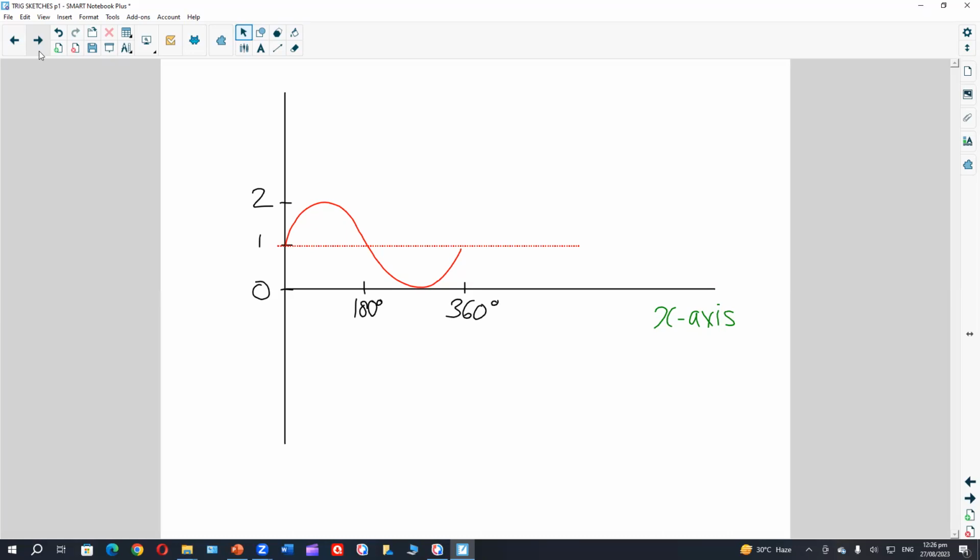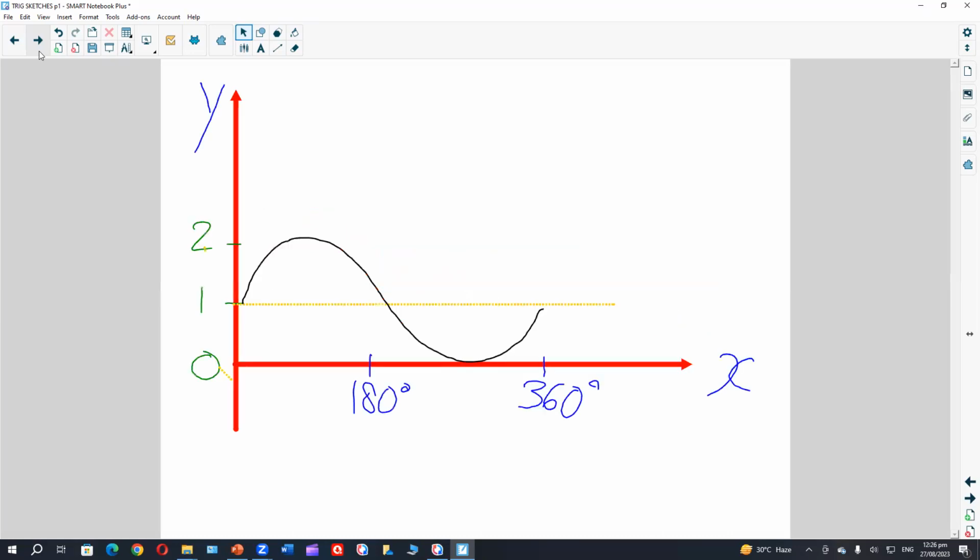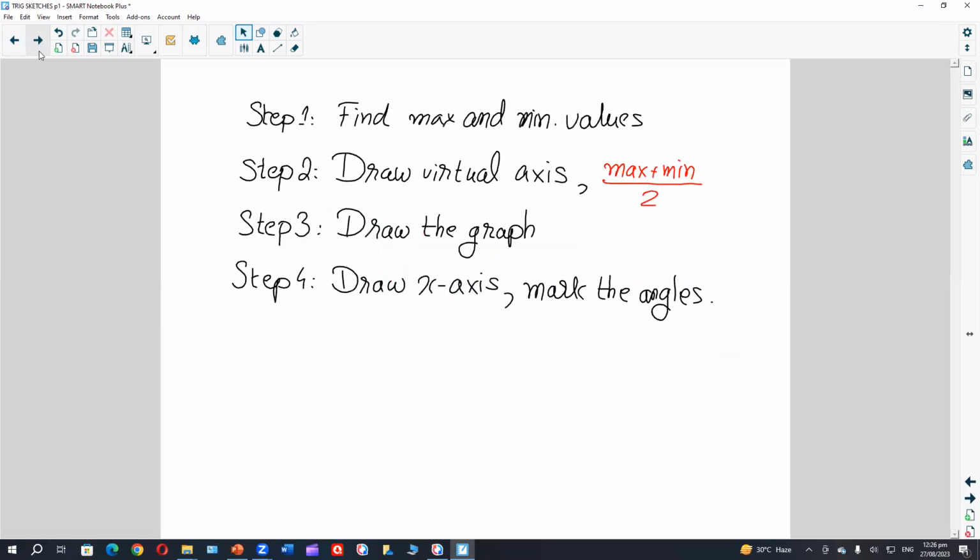Okay. Now this is how we complete the sketch. Step 1, find maximum, minimum, draw virtual axis, draw the graph, draw x-axis, mark the angle. Copy this screen as the steps. You have to remember them.